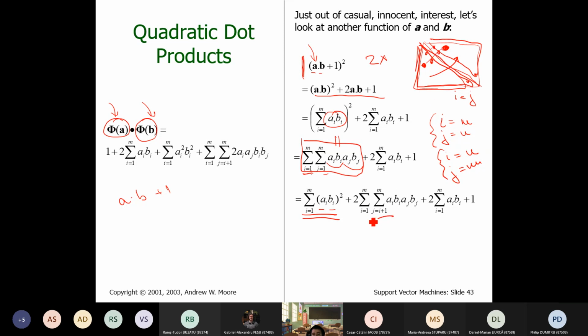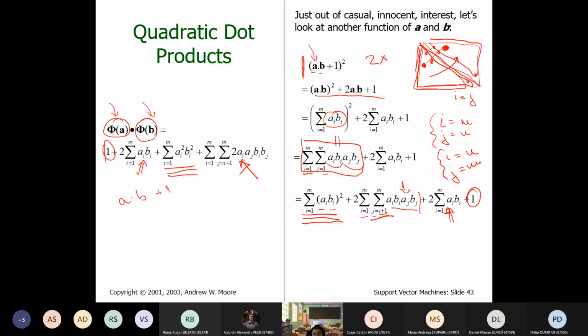So we will have I from 1 to M and J from I plus 1 to M. And if you take a look at this formulation, this is this. This one is the one from here, and the unit is from here.